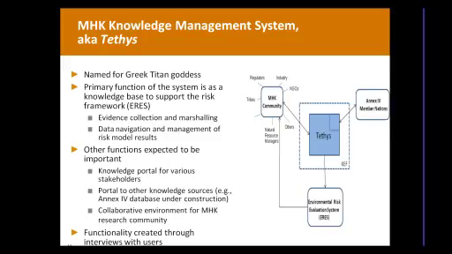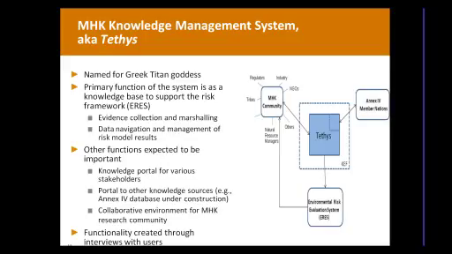And to address those issues, we have been building something called Kivas, which is named for Greek Titan goddess of oceans and rivers, appropriately enough. The primary function of the system is the knowledge base to support the risk framework, or our ARIES system that Andrea just described.